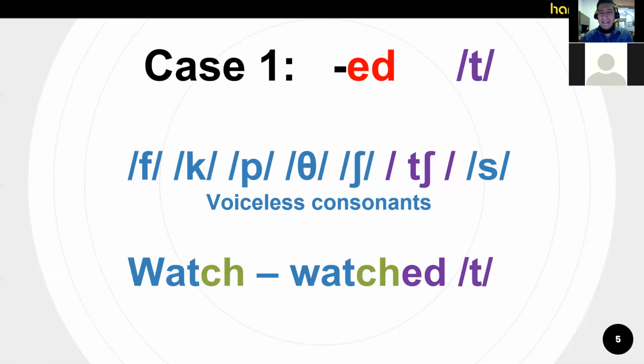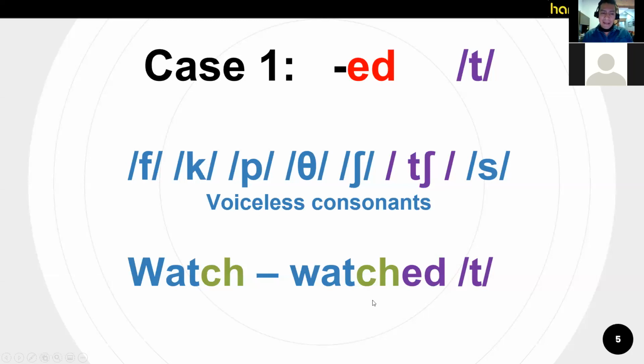The next one represents the sound ch, like in the word church. And finally, we have the S. These sounds are voiceless consonants.